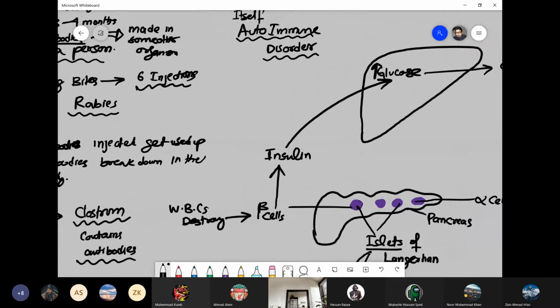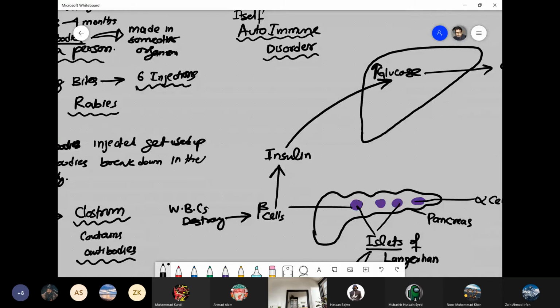So as a person's own white blood cells are destroying the cells of its own body, that's why it is called an autoimmune, itself, disorder. And in this disorder, when the beta cells are destroyed, insulin cannot be produced anymore.